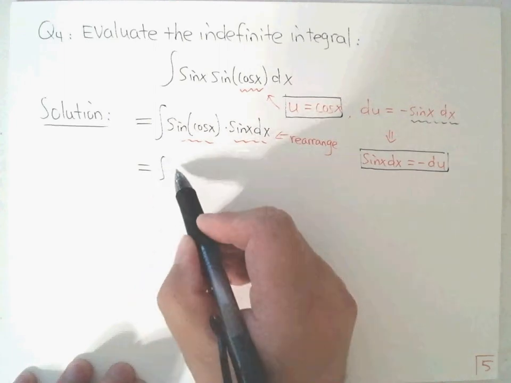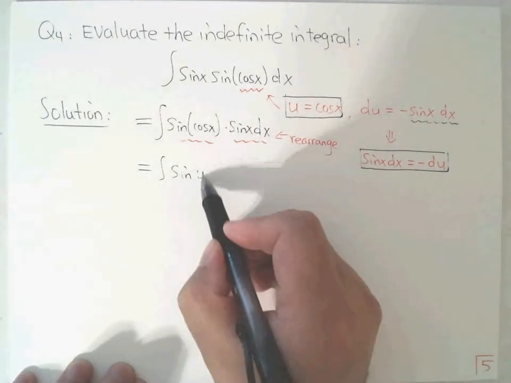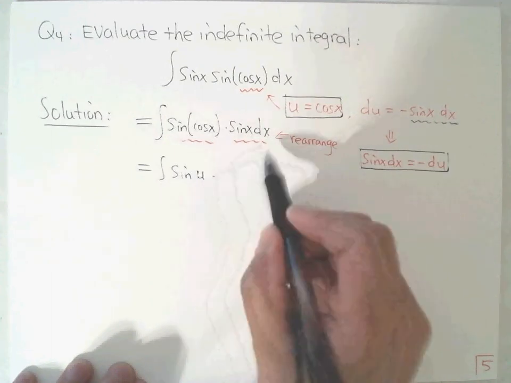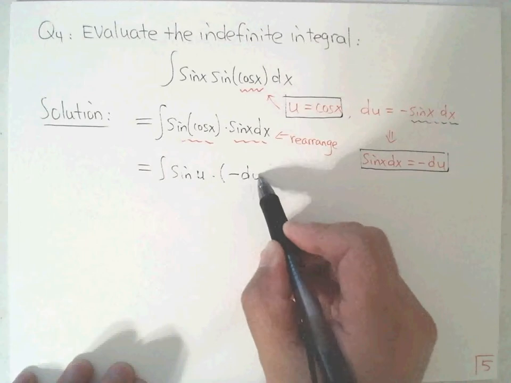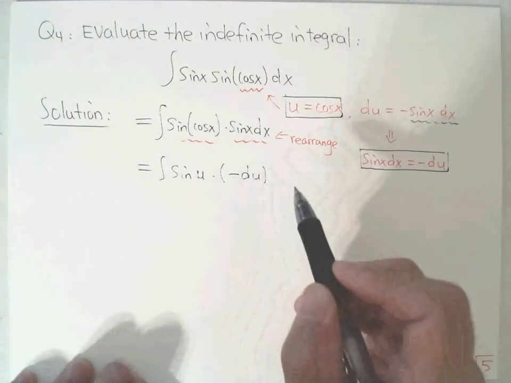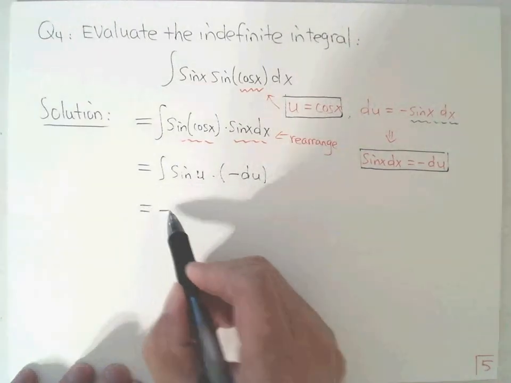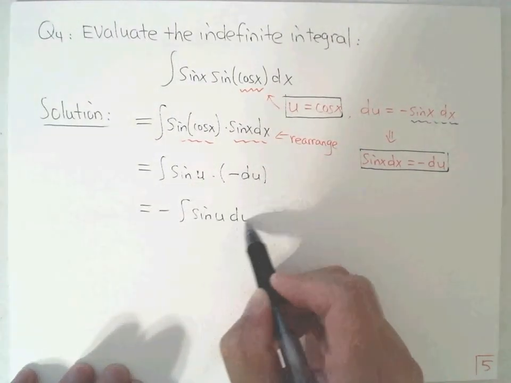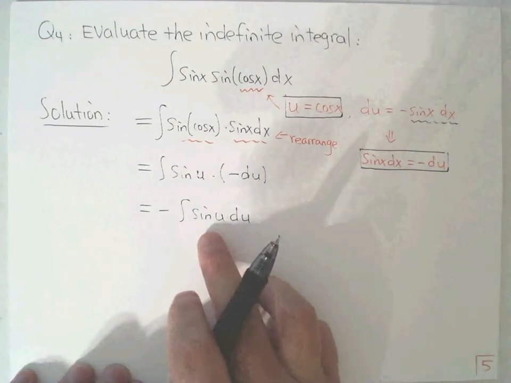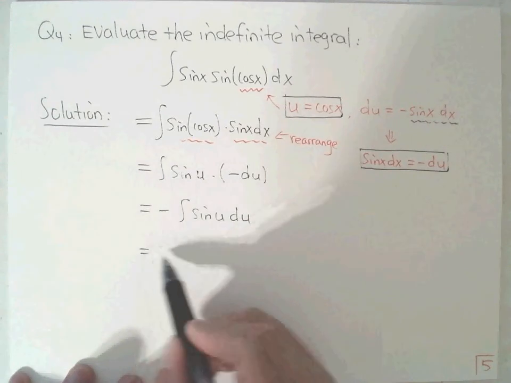So this goes to the integral of sine u, and then negative du, which is negative 1 times du. Then we can factor the negative out, so negative integral of sine u du.